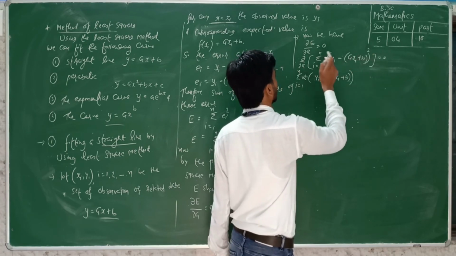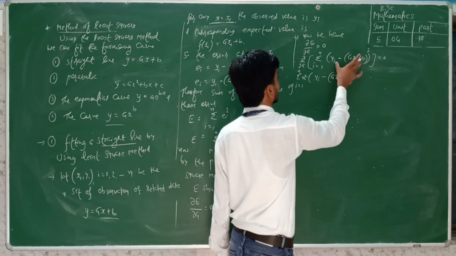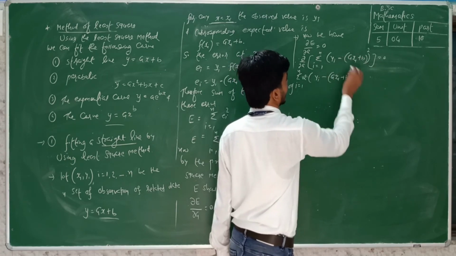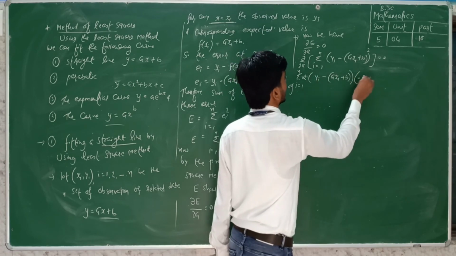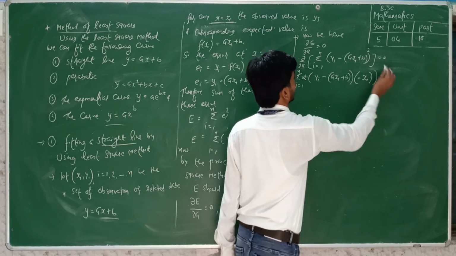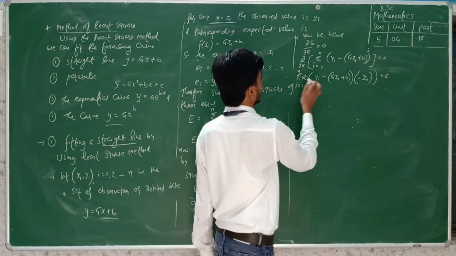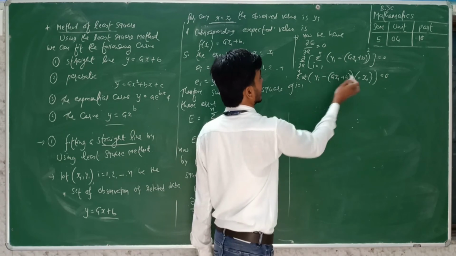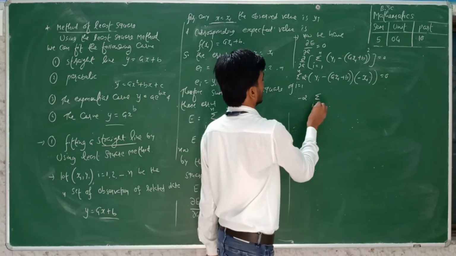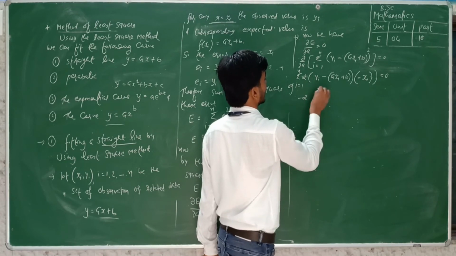Then 2 comes in front, and the term yi with respect to a is 0, minus a xi with respect to a is minus xi, and b with respect to a is 0. So it is equal to 0. Here minus and 2, the minus should go outside the sigma.